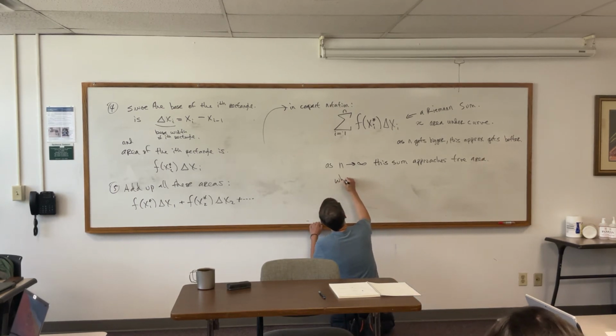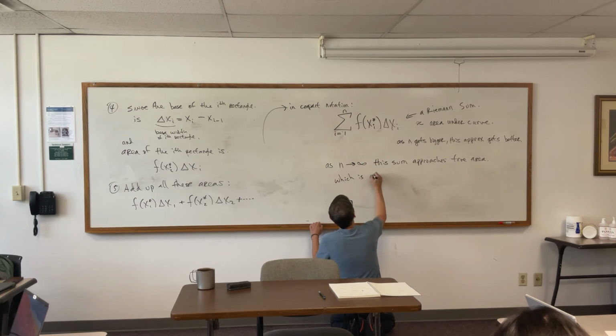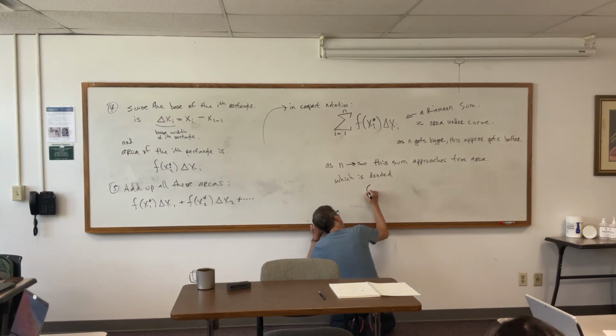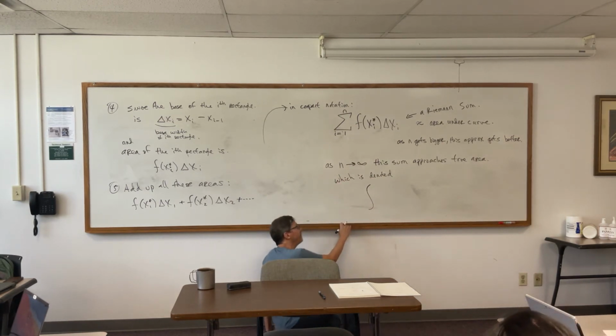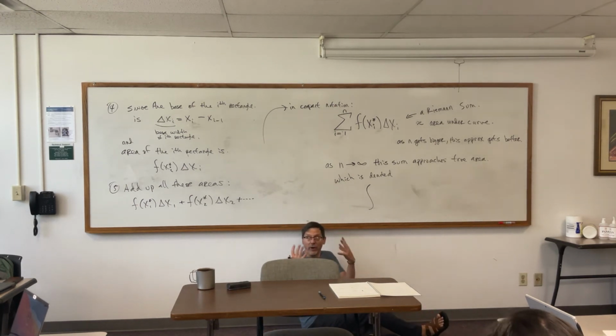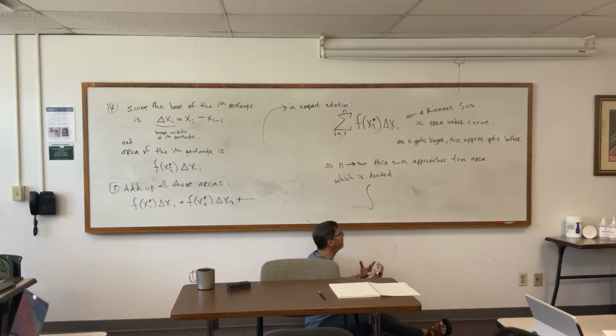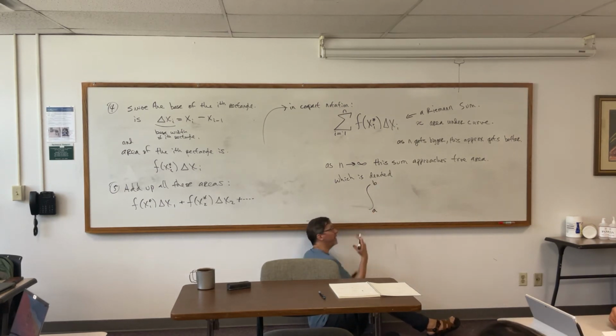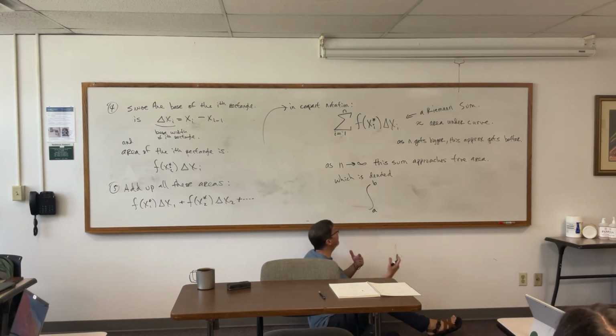Which is denoted by the following symbol. The sum sign, the sigma, becomes this beautiful S. That's an integral sign. S for a reason. It's a curve because it is a sum. And we started at a and we went to b. That was the range of the x values.